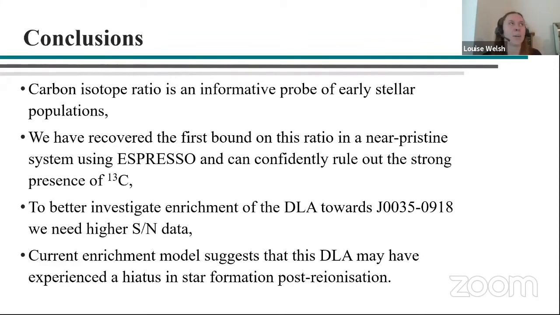But we're hoping to do some follow-up observations on a further 2 systems across a range of metallicities. So there's at least 2 more that we want to look at, and in the future, certainly with the ELT, there'll be lots more. But at the moment, yeah, they're quite hard to find.